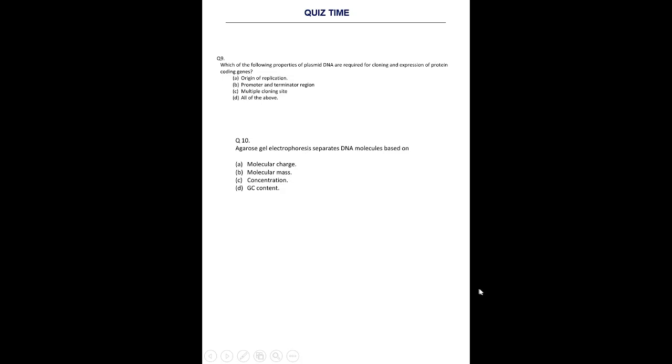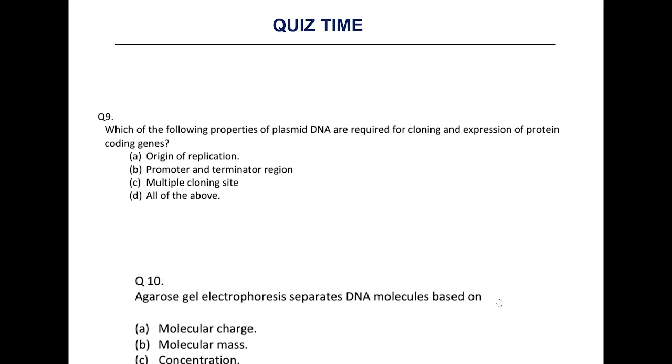And the last two: which of the following properties of plasmid DNA are required for cloning and expression of protein coding genes?